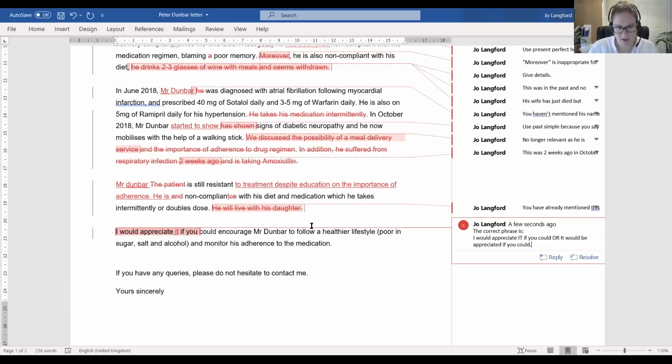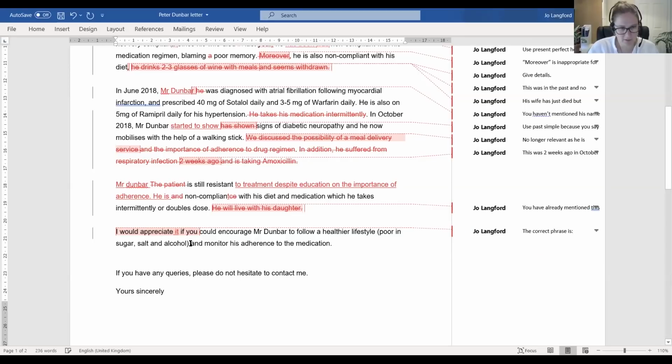Okay, so a healthier lifestyle, it's a little bit negative and judgmental, even if it's true. Perhaps we could be more specific: to follow his recommended diet.